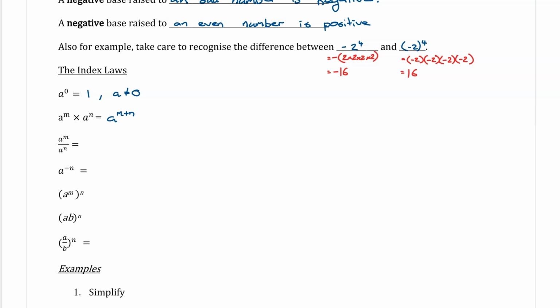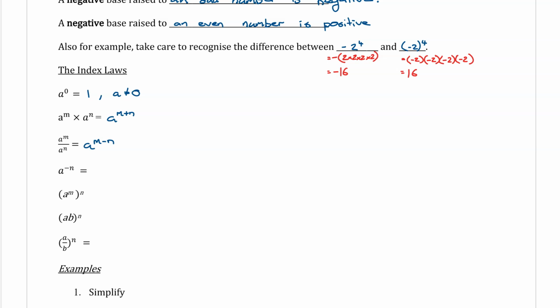Similar to multiplication, it's like the opposite. It becomes a to the power of m minus n. So rather than adding together like they do in multiplication, in division they subtract. The power in the denominator will be subtracted from the power in the numerator.